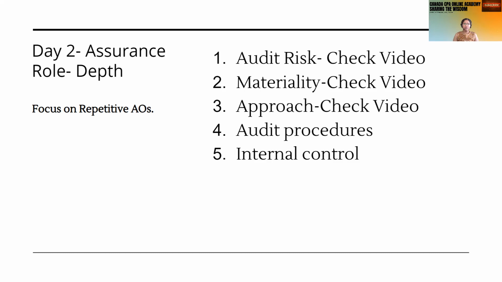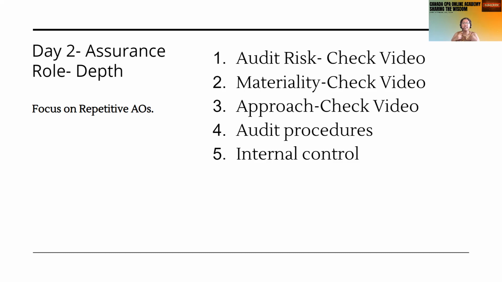Now, first tip is to focus on the repetitive AOs. If you see day two, and I'm talking about the assurance role, there would be some AOs that are repeated, like audit risk, audit materiality, the audit planning memo, approach, audit procedures, and internal control.